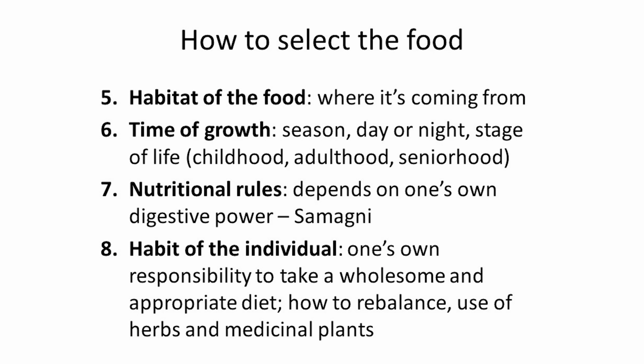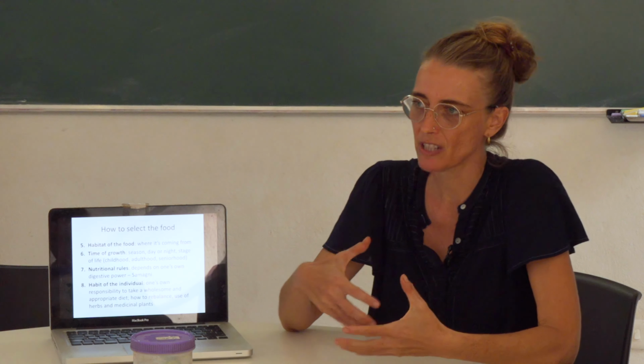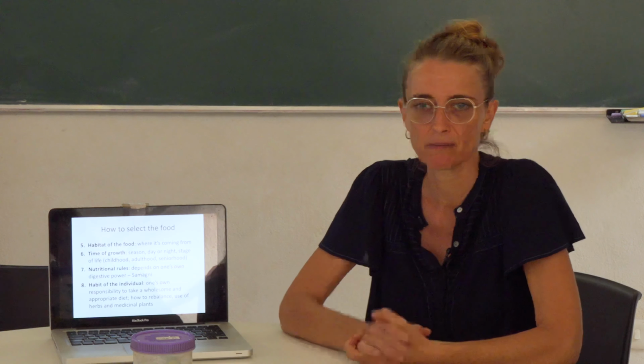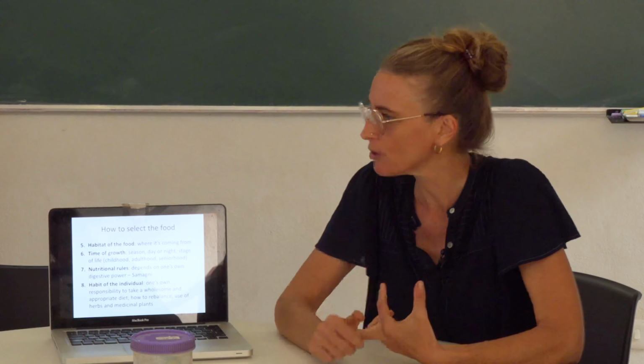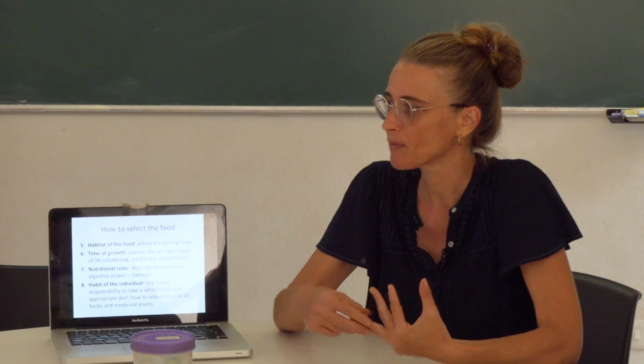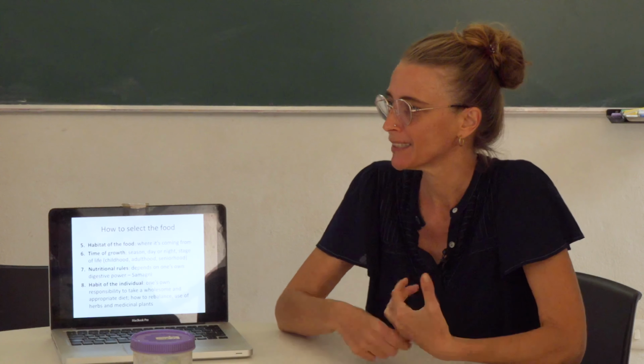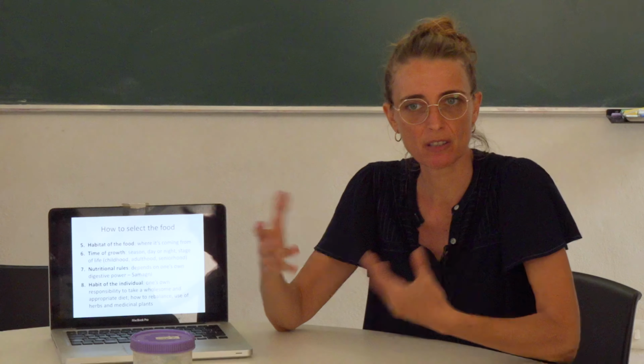The habitat of food, so where the food comes from. It is known that in temperate climates, or climates that have all the different seasons with the rain, wind, cold, heat, sunshine, exposure to sun and all, the soil will be more fertile or will have more nourishment.